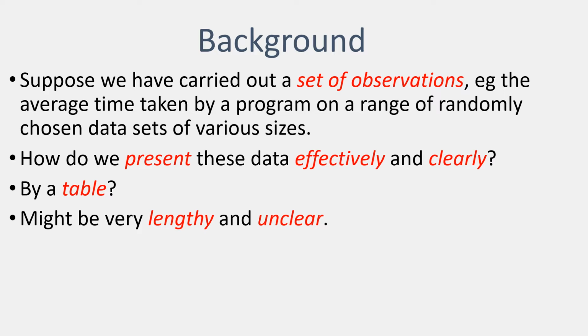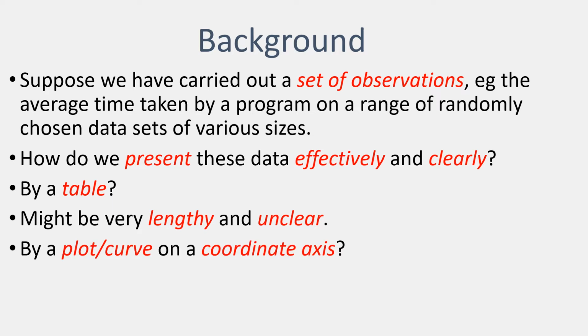Furthermore, sometimes we are using tables for which two columns aren't sufficient to present our data, and therefore the more columns we have, the actual nature of the table and what it's claiming to demonstrate may be very unclear. So tables, they're reasonable for small amounts of data, but once we start getting much larger quantities, they're not really suitable. So what's the alternative?